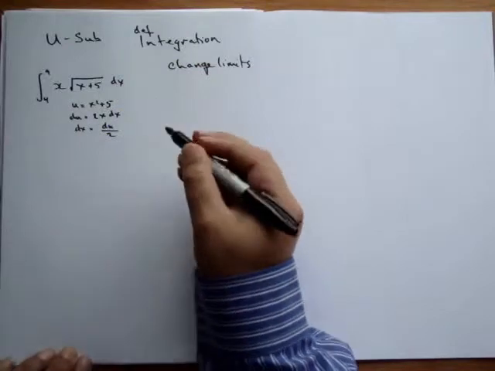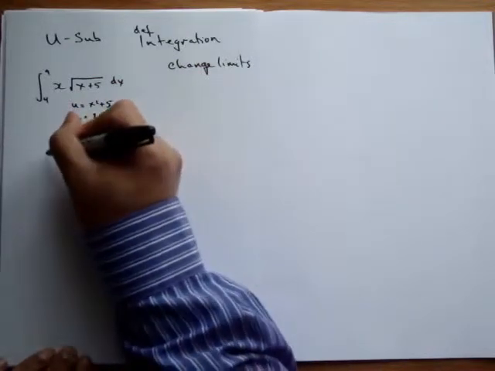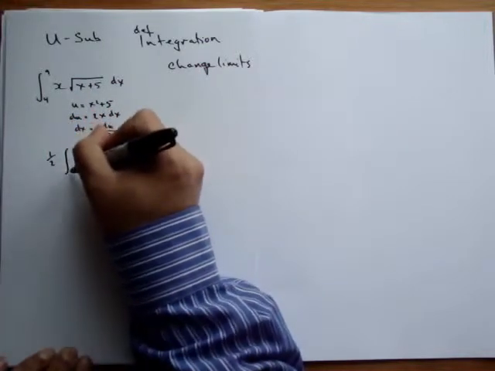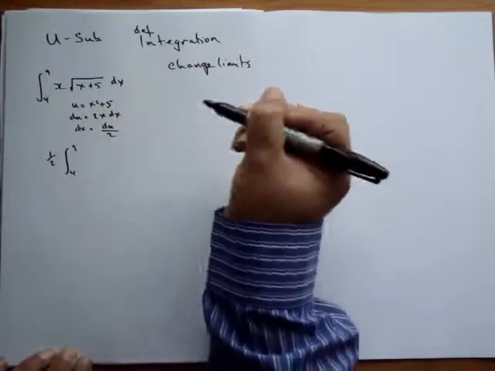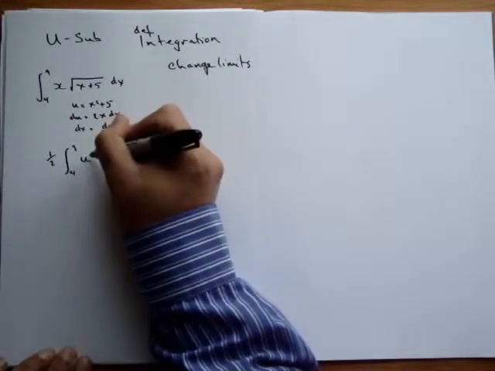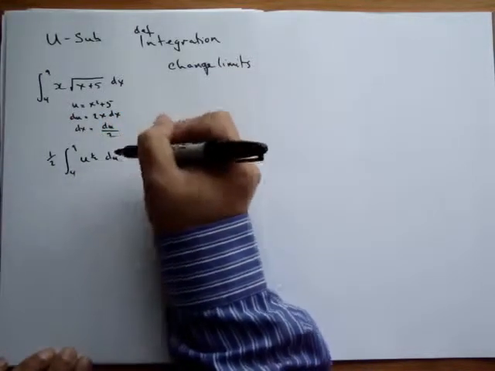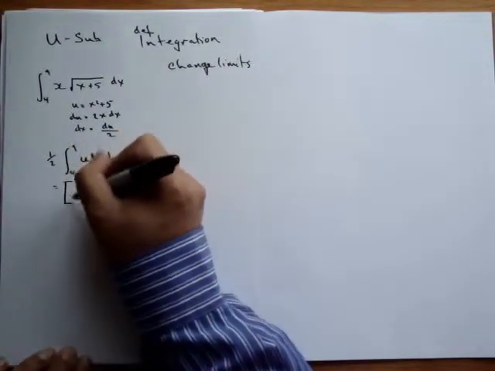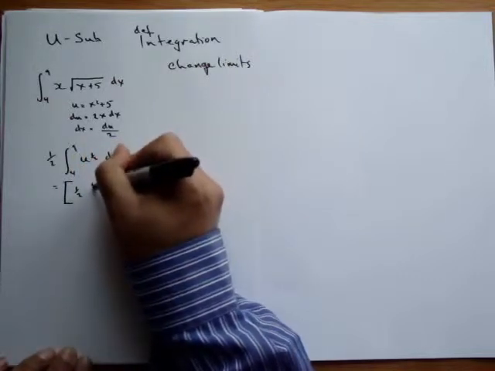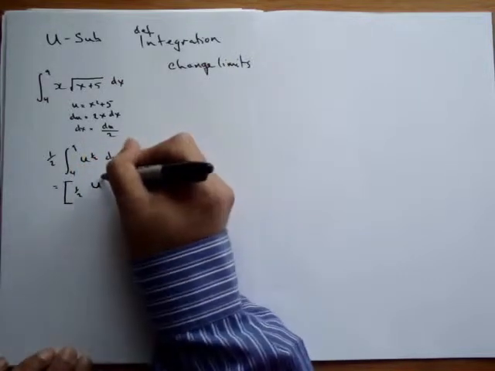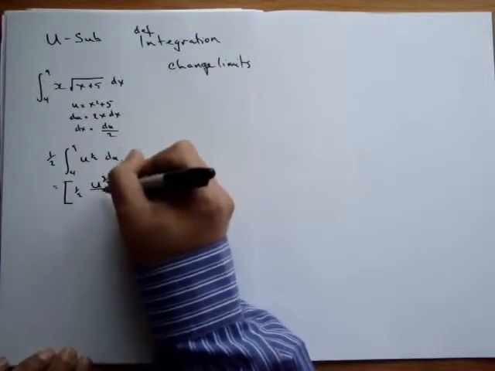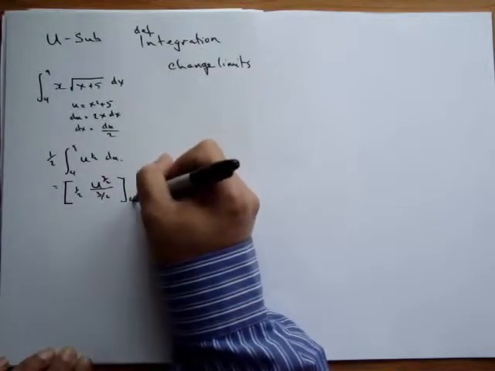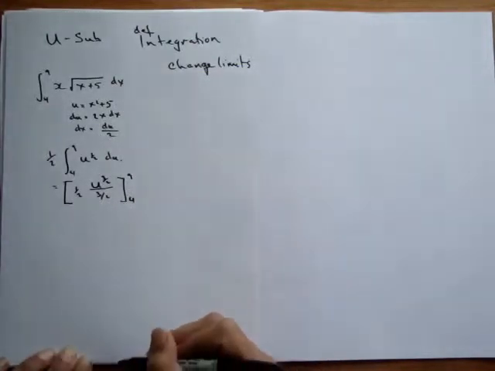So when we replace this by our u's, using u substitution, we bring this half out of the integral, integrate between the limits 4 and 9, u to the half du. So this then becomes, bring half back, when we do the integration, half plus 1 goes to 3 over 2, divide by that, 3 over 2, between the limits 4 to 9.